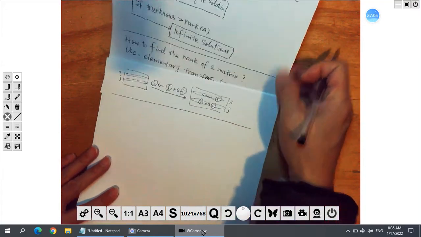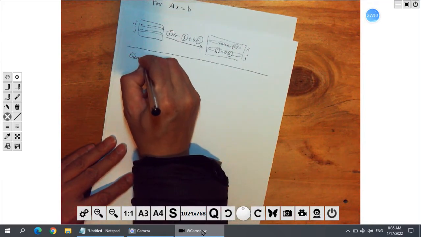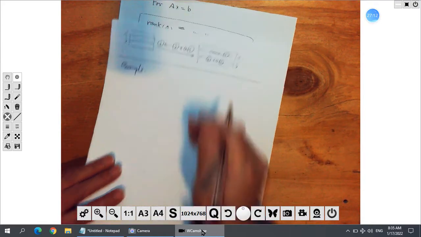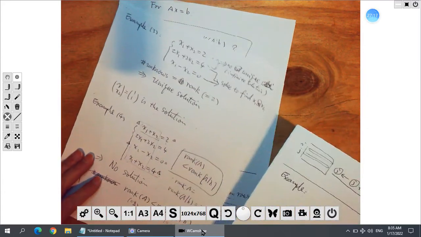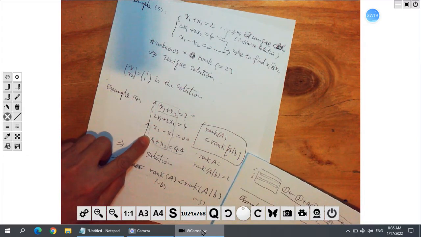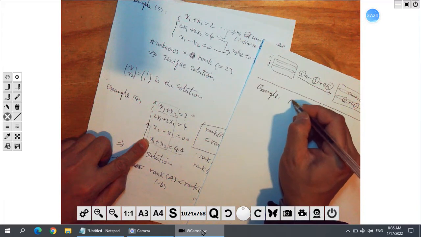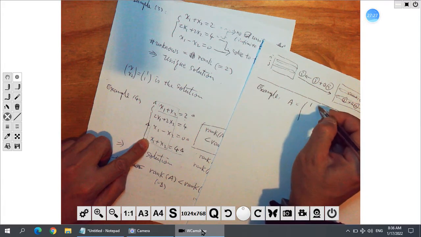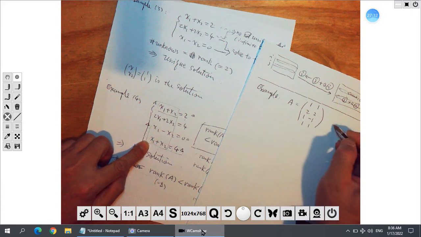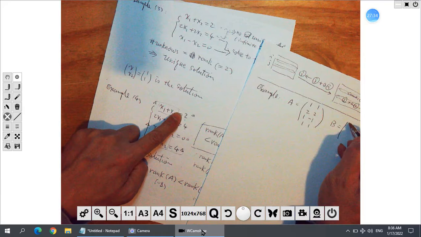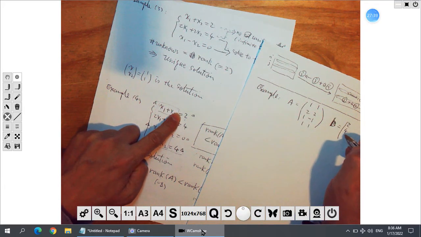So I still use the example I had before. The largest one is this one. Now A is 1 1 2, 2 1 negative 1, 1 1, and b is 2 4 0 4.